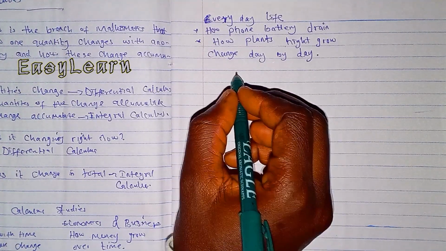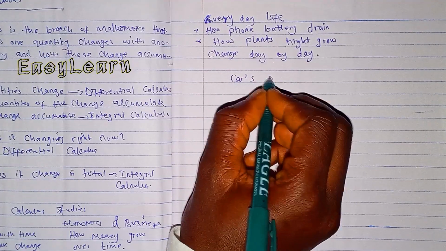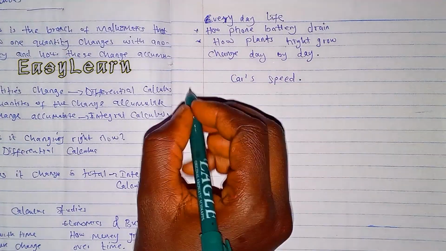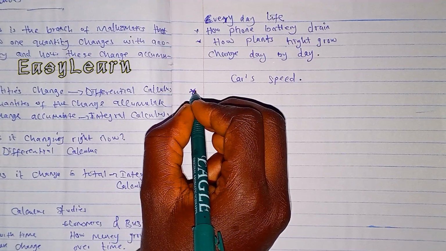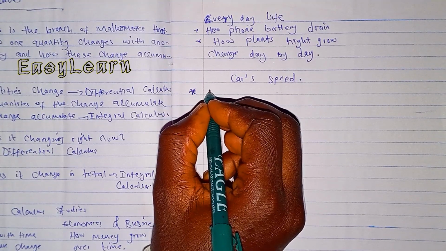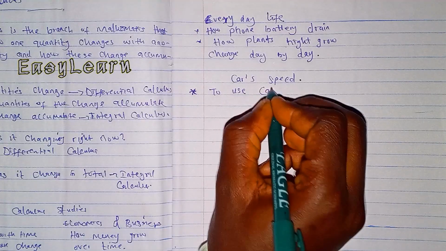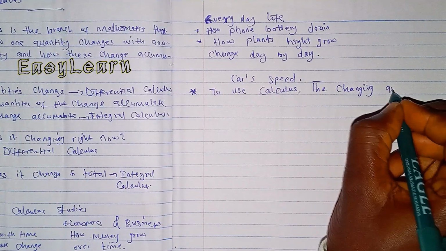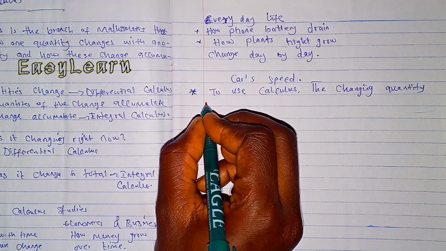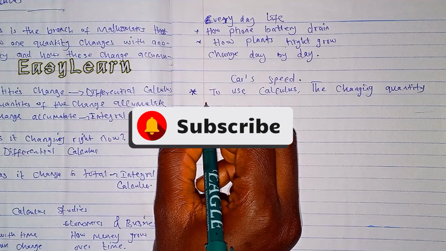Example, like how a car's speed changes. To study how the car's speed changes, the function of the car's position must be formed. So you have to note that to use calculus, the changing quantity must be written as a function.